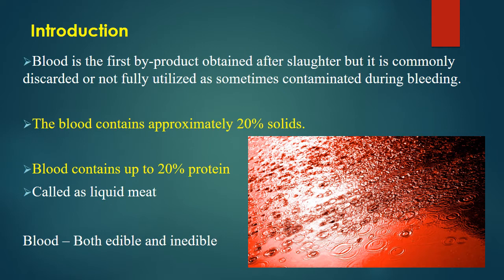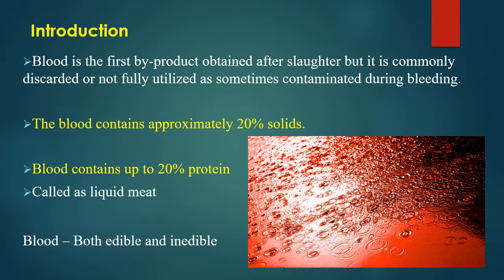That makes a huge amount of blood which is normally not properly collected, or simply allowed to go to the drain, and that creates a lot of hazards, pollution and clogging of the drain, an environmental hazard and human health hazard. So all this blood can be properly collected and processed into very useful items, either for industrial purpose, for livestock feed or for human food purpose.